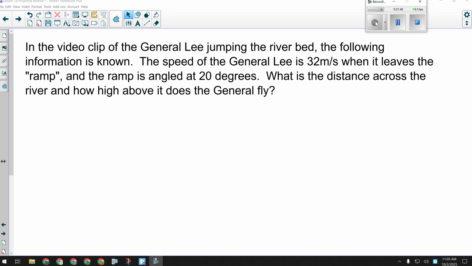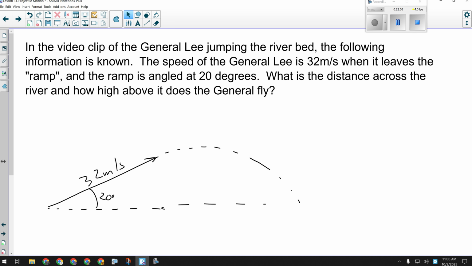Okay, so this information is known. The projected or launch velocity of the General Lee is 32 meters per second, 20 degrees above the horizontal. Like all projectiles, it follows an arc that re-encounters the ground at the same height it was launched from.